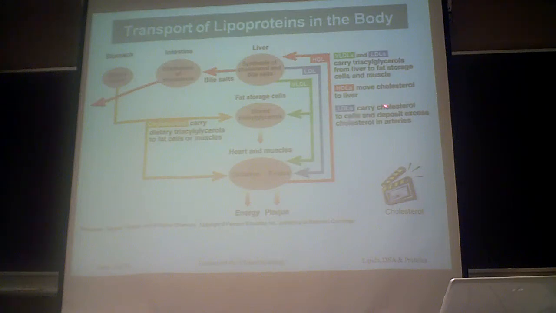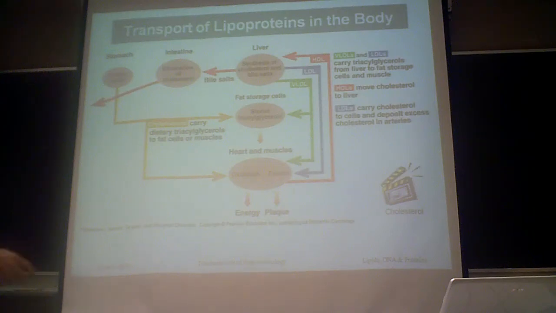Okay? So LDL and VLDL are the two parts that are not desirable. You want them low, HDL you want it high, and this is how things are being moved around. Either they're being stored, they are being brought to the liver, broken down, reprocessed, excreted, or redistributed.